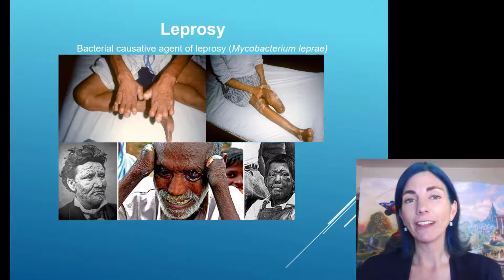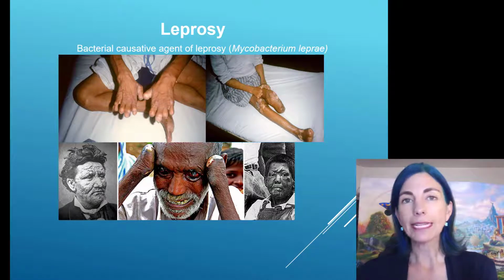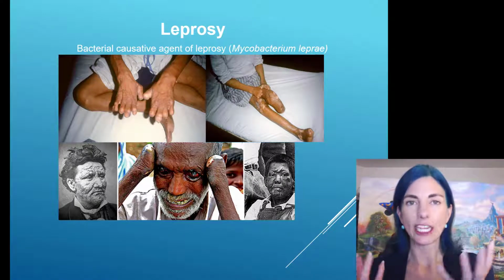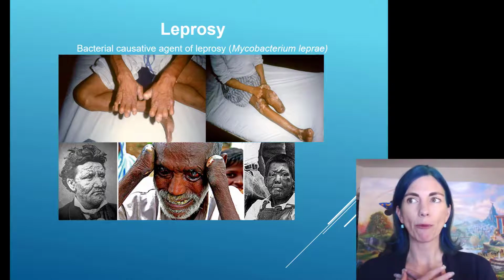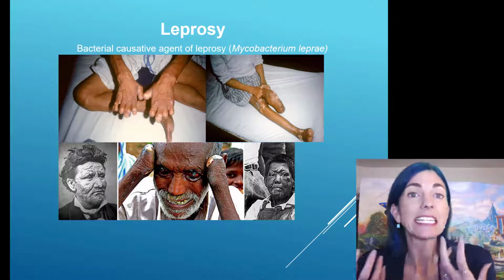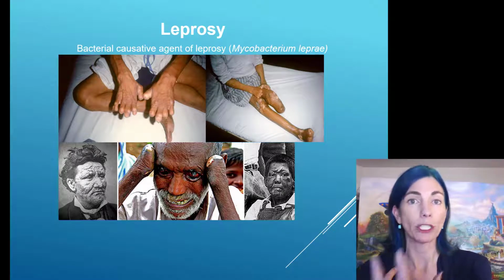People afflicted with leprosy, which was incurable at the time, were isolated from the rest of the population. So there was definitely the idea of contagion. That is, someone with leprosy could somehow transmit it to somebody who did not have leprosy. And as a way to prevent that contagiousness, again, they didn't know what it was. They just thought something about this seems to be transmitted from person to person.